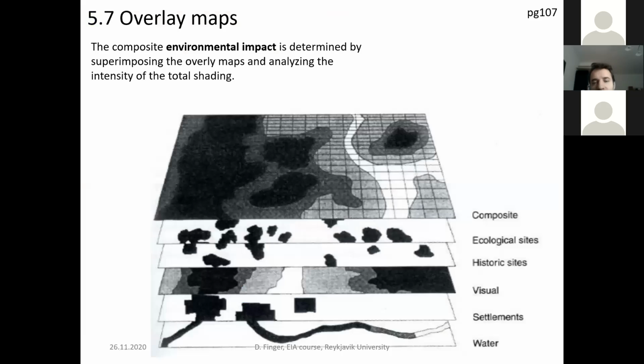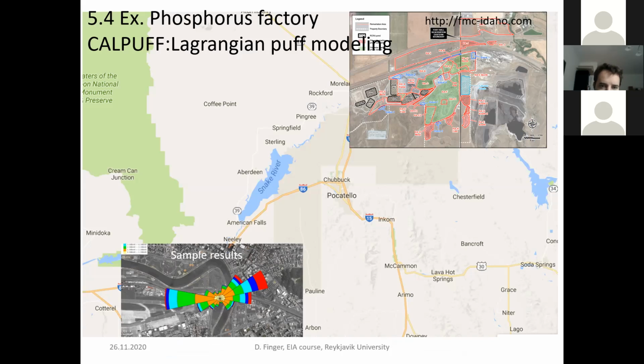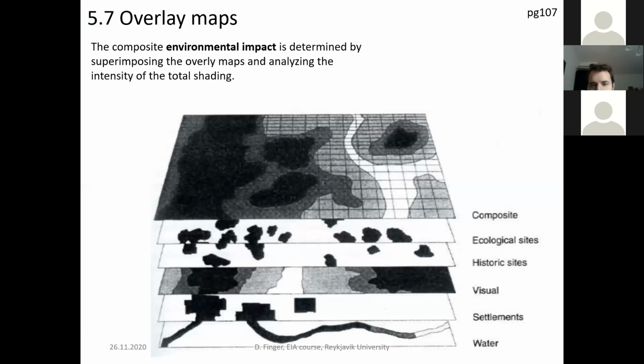Like you have seen already in the example below here, the overlaying of maps. ArcGIS is important because you can overlay different maps and identify if your project might impact ecologically sensitive sites, historic sites, visual sites, settlements, or water.